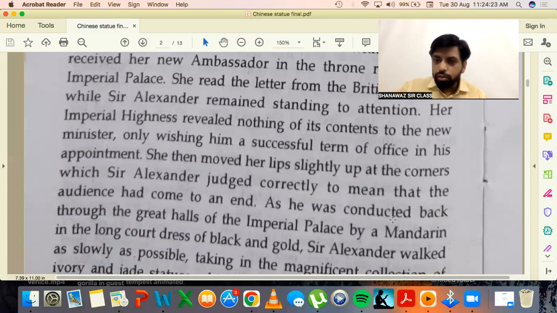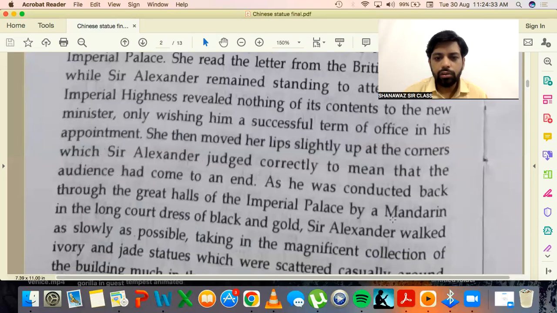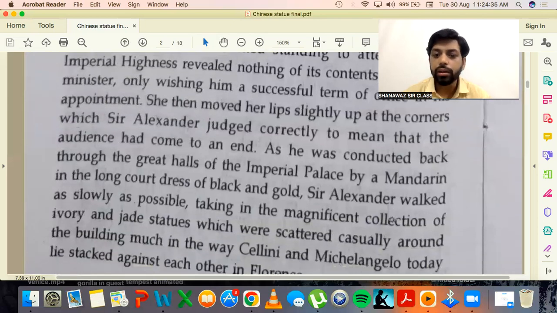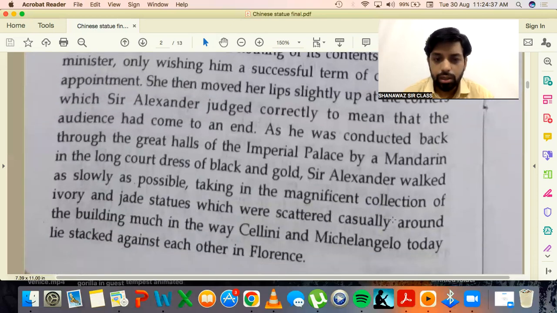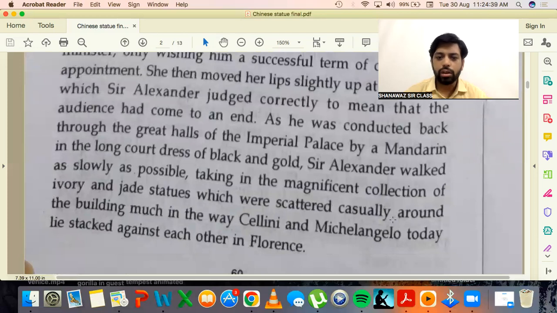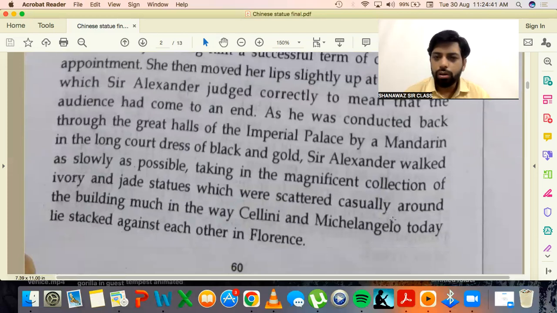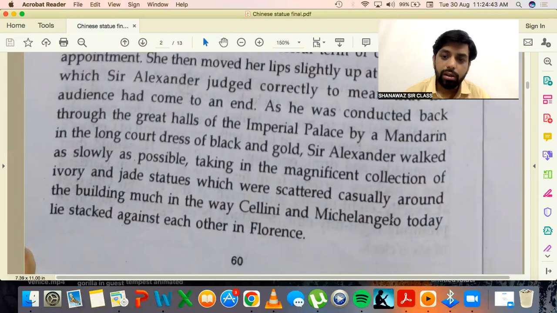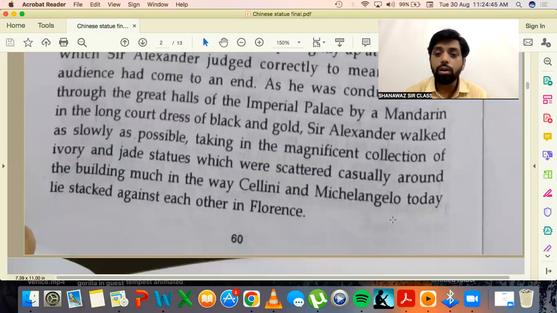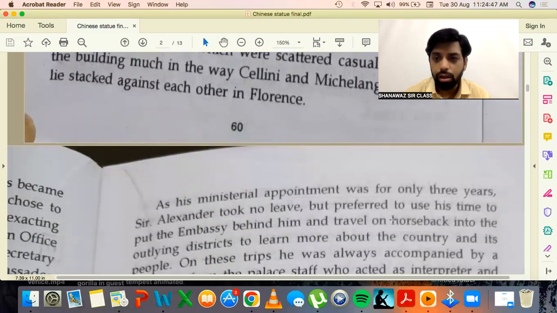So when he was passing through that great room of the queen of that country, China, he was observing that there were many great magnificent paintings. जैसे इटली में माइकल एंजेलो का पेंटिंग है, फ्लोरेंस में इटली में, वैसे यहाँ चाइना का बहुत सारा डिजाइन पेंटिंग आर्ट था.